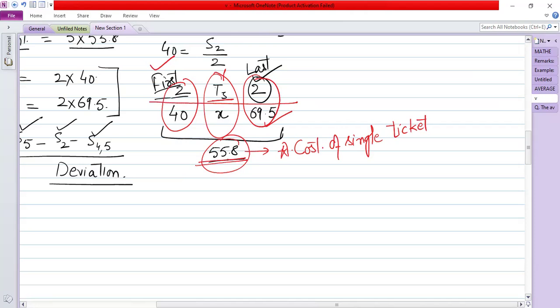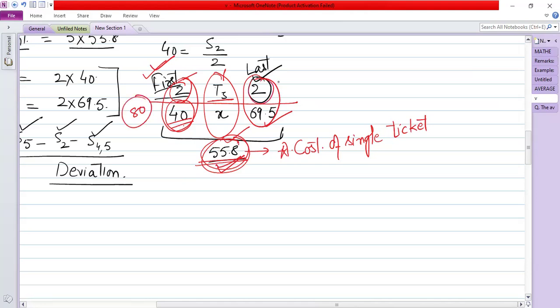It means each of the 5 friends must have this much money, 55.8. But by chance, the first two friends have an average of 40. Means in total these two friends have 80 rupees, because 40 into 2 is 80.